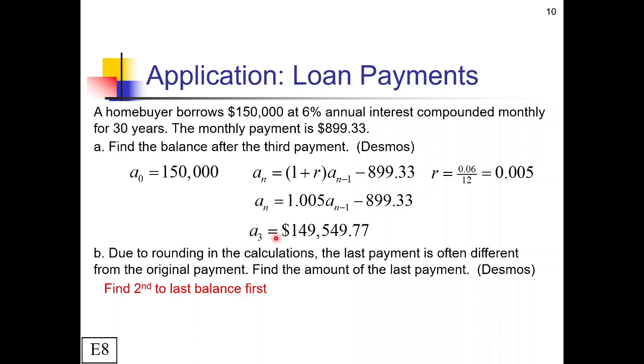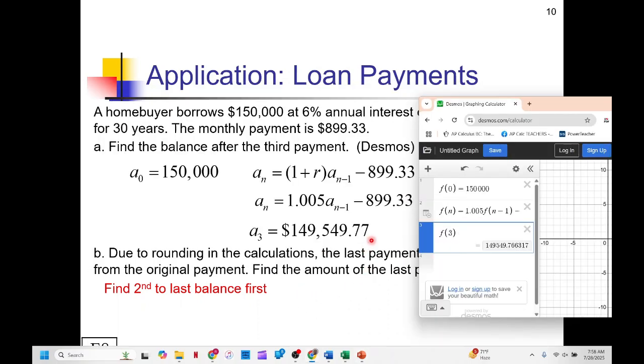So which term would that be? Well, since this is a 30-year loan and each payment is just 1 month, that means we have 30 times 12, 360 total payments. So the last payment is going to be payment number 360, and the second to last payment will be 359. So let me go back to Desmos and let me do f of 359.